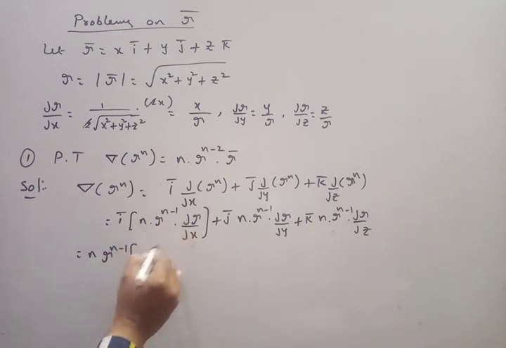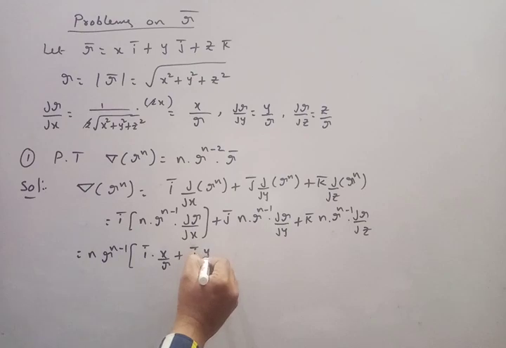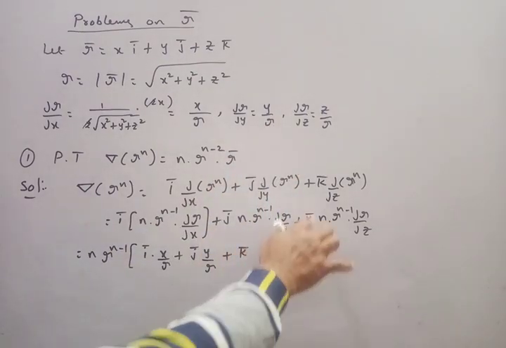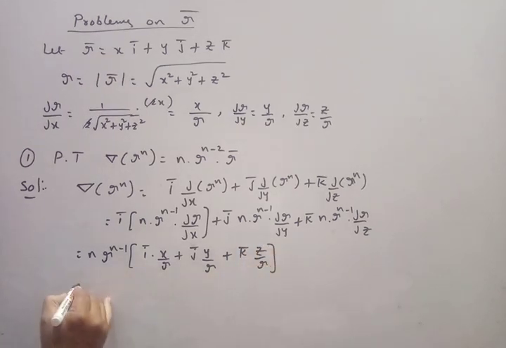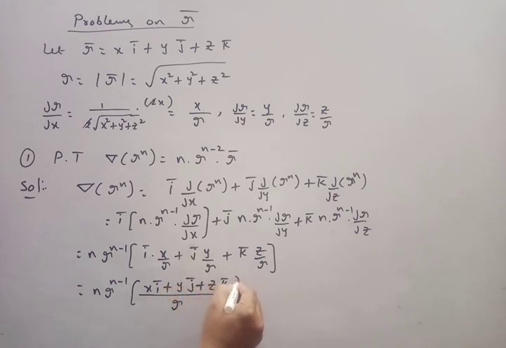So what do I get here? I bar into dou r by dou x, which is x by r, plus j bar into dou r by dou y, which is y by r, plus k bar into dou r by dou z, which is z by r. Correct? So therefore, n into r power n minus 1, taking LCM r, I get x i bar plus y j bar plus z k bar.